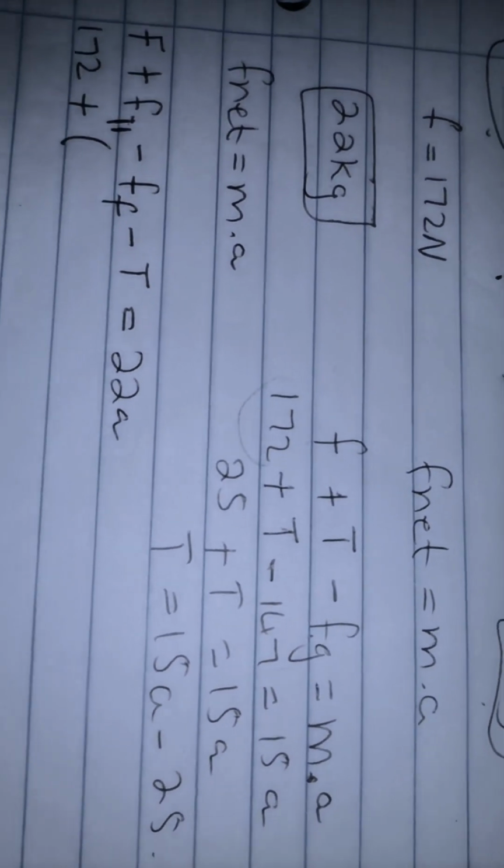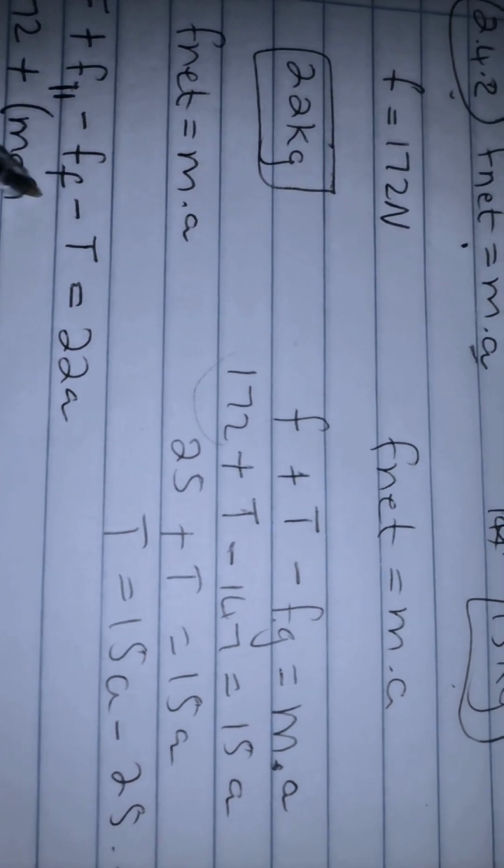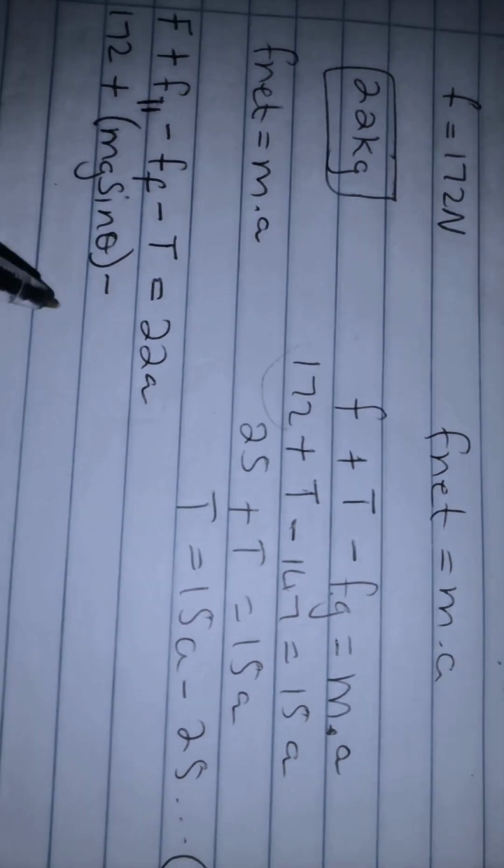What is the value for our force? 172 plus Fg parallel, which will be mg sin theta. What is the value for our frictional force? It is 43,86.